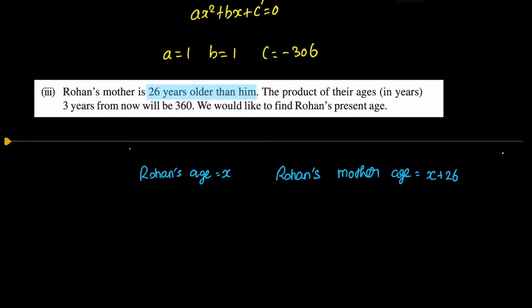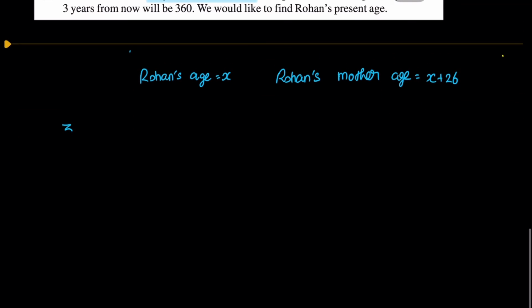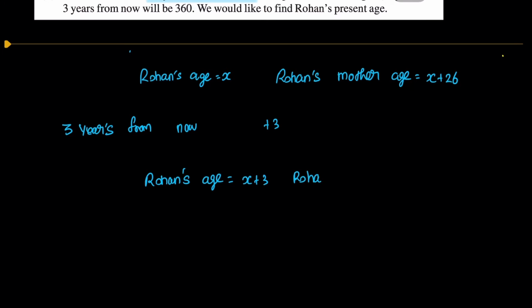Then the product of their ages 3 years from now. So 3 years from now means just adding 3 for both of them. Rohan's age is x plus 3 and Rohan's mother's age is x plus 26 plus 3, so that is equal to x plus 29.